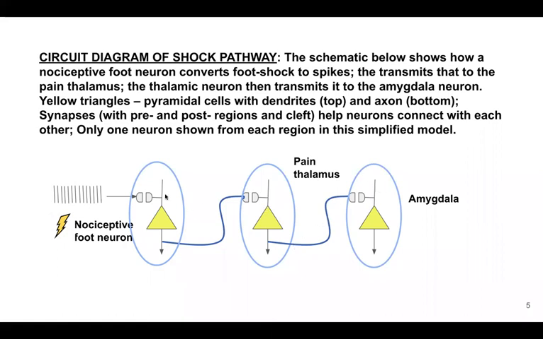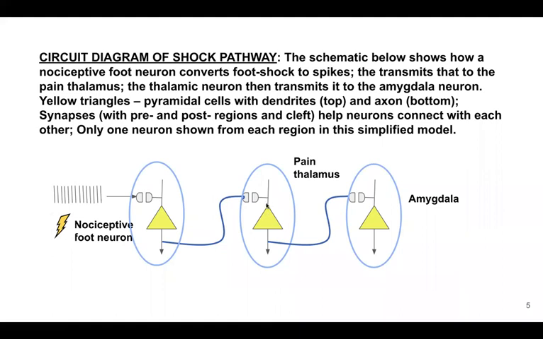And similarly here, you can see the actual cell bodies. And so this cell body sends a signal via an axon. And here is the synapse in the thalamus, where there is a presynaptic axon here, and then postsynaptic dendrite. And then this dendrite, remember, is the receiver that receives the signal.